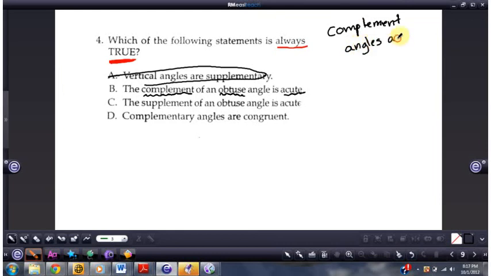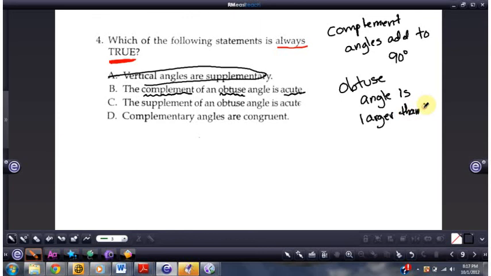Obtuse is a word that means the angle is larger than 90 degrees. As I'm sure you can tell, an angle cannot be larger than 90 and yet add to be exactly 90 degrees. It's just not possible. So B is once again out of the loop.